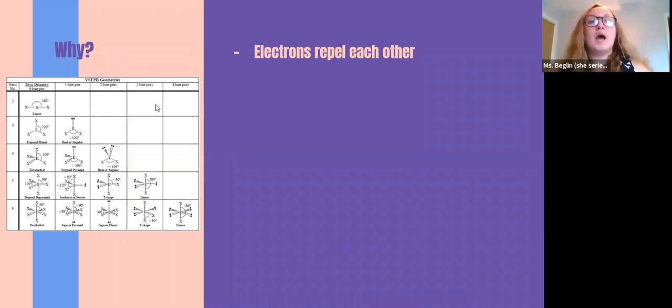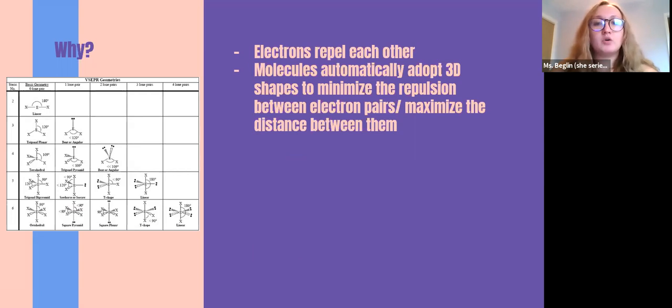Why do these geometries exist? Why does this happen? It all goes back to Coulomb's law. Electrons repel each other. And so we say that molecules automatically adopt 3D shapes to minimize the repulsion between electron pairs and maximize the distance between them.